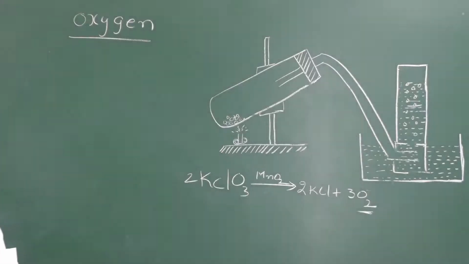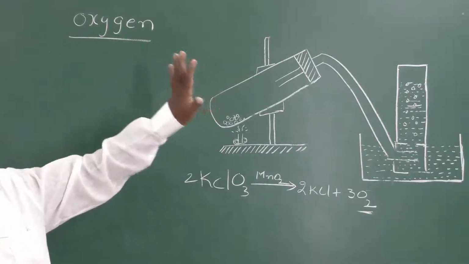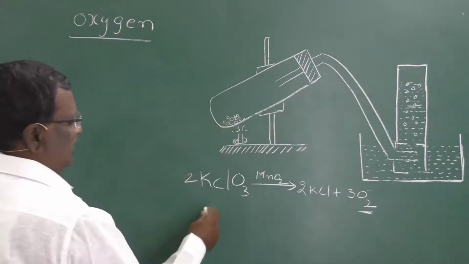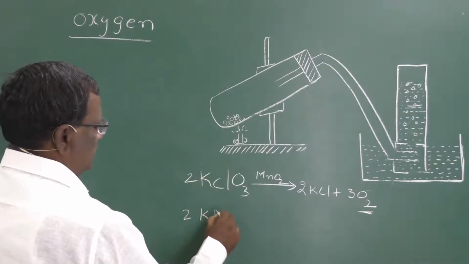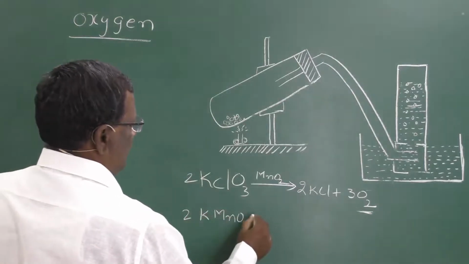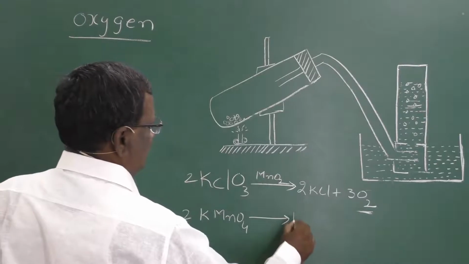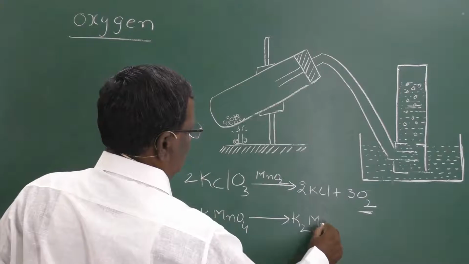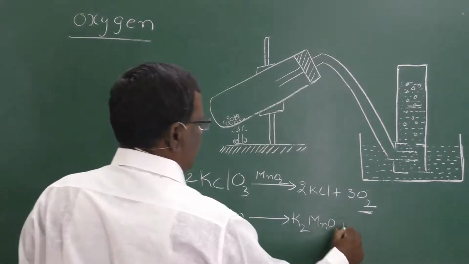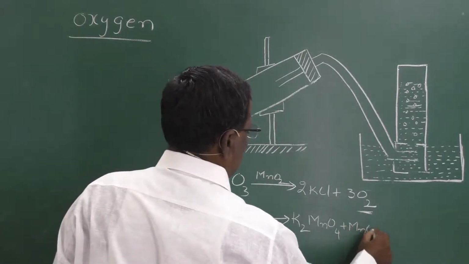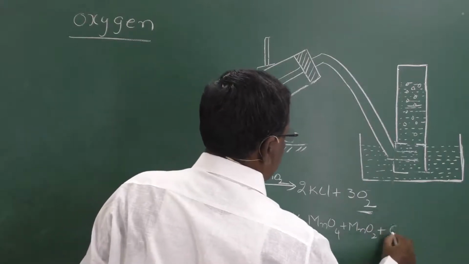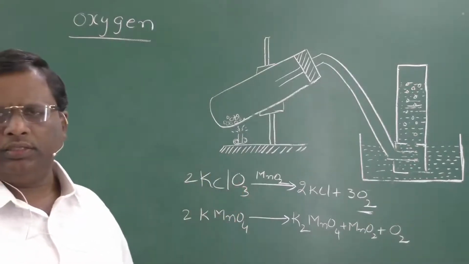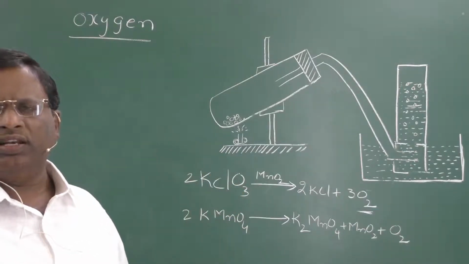This is one method, and another method uses the same experimental setup, where in place of KClO3 we can take potassium permanganate, 2 KMnO4. When potassium permanganate is heated, it is reduced to K2MnO4 and MnO2 plus oxygen gas is liberated. These are the two methods for the preparation of oxygen gas.